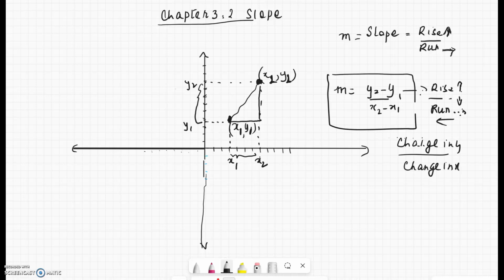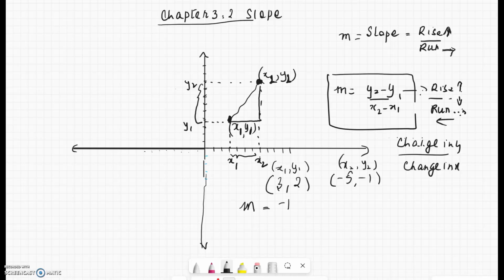So if I give you 2 specific points, 3, 2 and negative 5, negative 1, and you have to find the slope, you don't have to graph it. Just think of one of these points as x1, y1, the other point as x2, y2. Change in y, which is y2 minus y1.